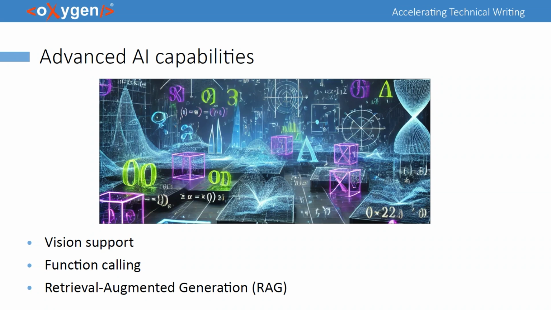This means that the answers that you get are not solely based on the LLM's training, but you also feed some external sources of information to the LLM, so you can get a more meaningful, a better result. For example, it could be your local Oxygen project, where the AI goes, reads information, and comes back with an answer. Or it could be your published content.